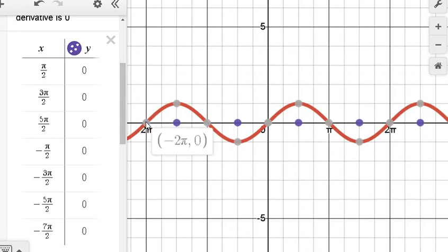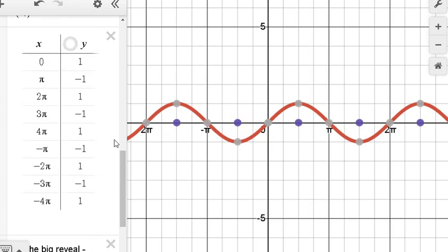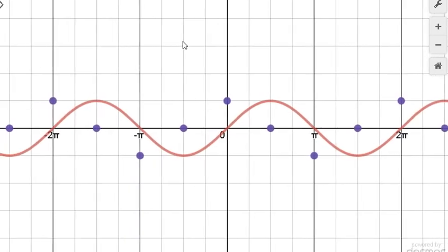So for instance, at negative 2 pi, the slope of a tangent line there looks like it would be about 1. What would the slope of the tangent line be at negative pi? Negative 1. Positive 1, negative 1. So let me put in those points as well.